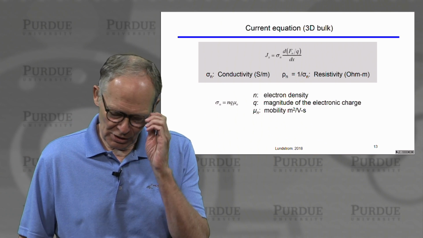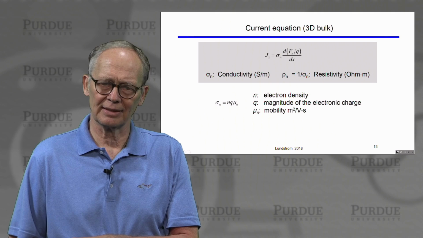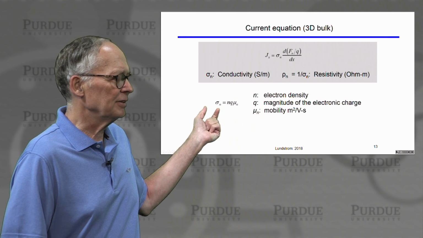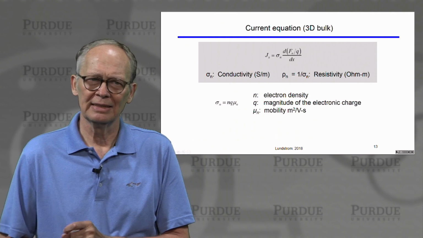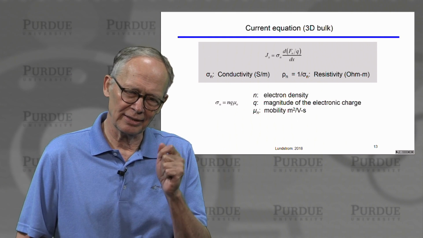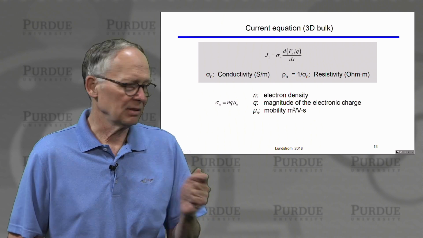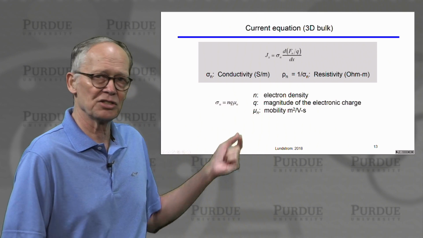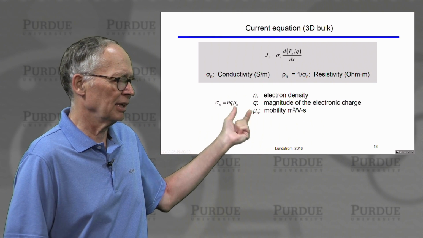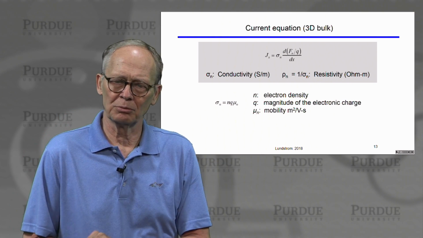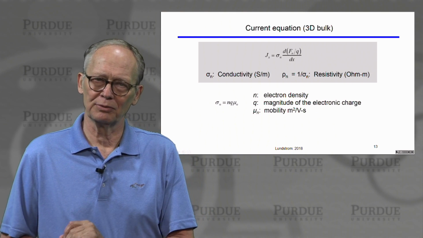Now, traditionally, semiconductor people like to treat this a little differently. They like to define the conductivity as being N Q mu. That makes some sense because you would think that more electrons give you more conductivity. The conductivity should depend on the charge on an electron as well. And the other constants of proportionality we lump together into a term that we call the mobility, which has the units of meters squared per volt second.